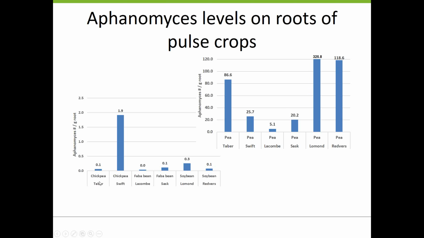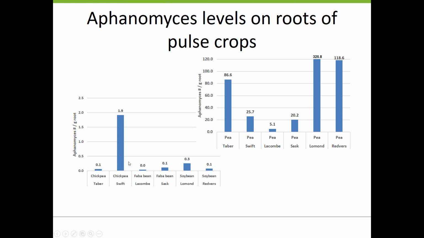And then we compare it to all of our non-host crops here, and we see very, very low numbers of oospores being produced on the roots, and most of these are not significantly different from 0 when you do the stat. The only one that we saw here was chickpea at Swift Current. We did see it support a few oospores on the roots, but nowhere to the same extent as pea.